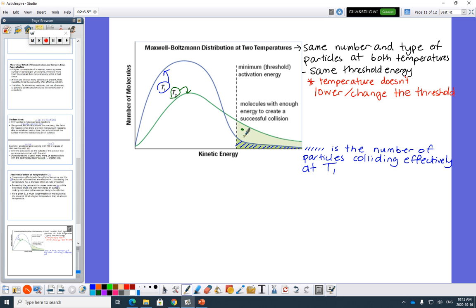So this is how many particles, but also these ones down here as well, right? Or if you like curly brackets, you can do that too.